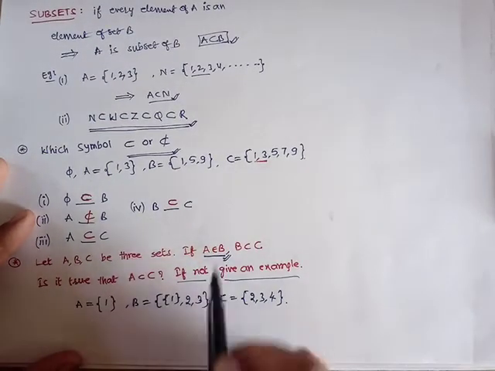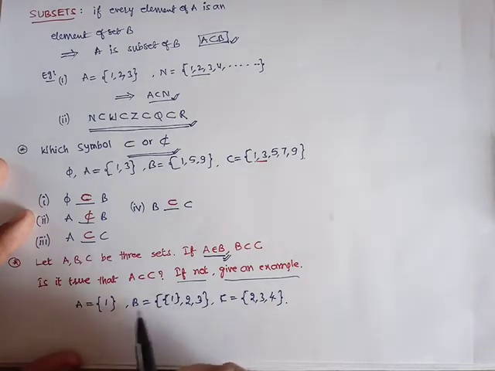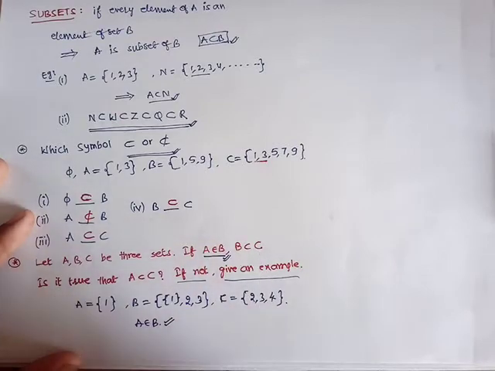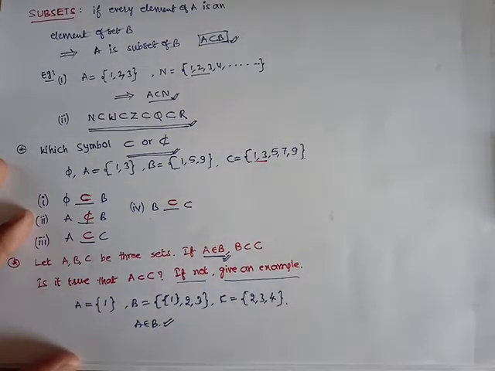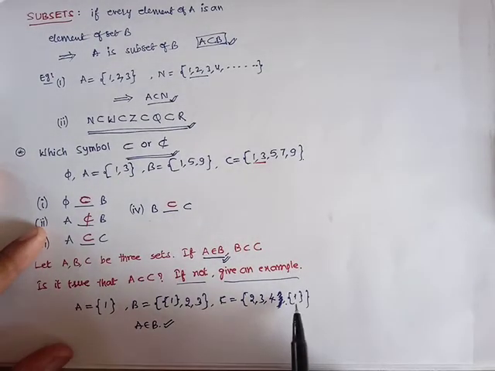Now we'll see whether all the conditions are getting satisfied or not. A belongs to B. Yes, A is a set here, and it exactly belongs to B. Then A belongs to B is satisfied. And whether B is a subset of C: now the set C has changed. The set {1} is an element of C, and 2, 3, 4.